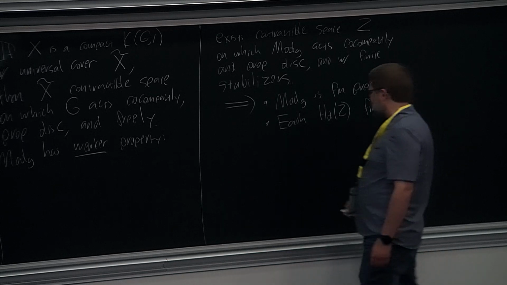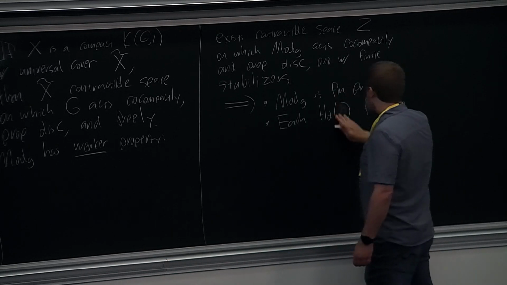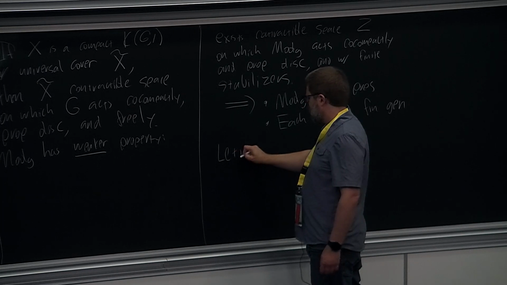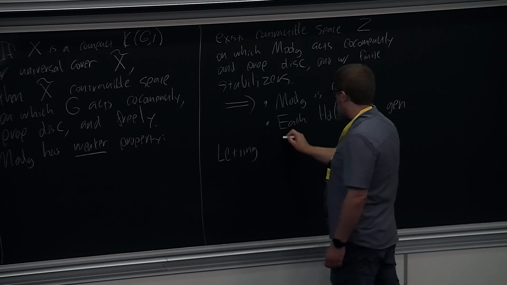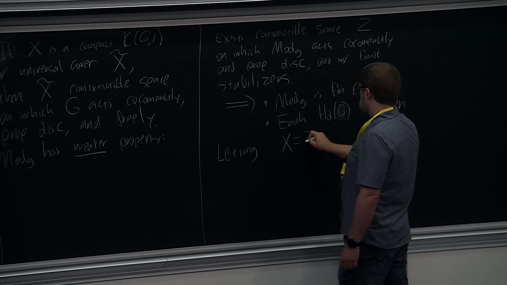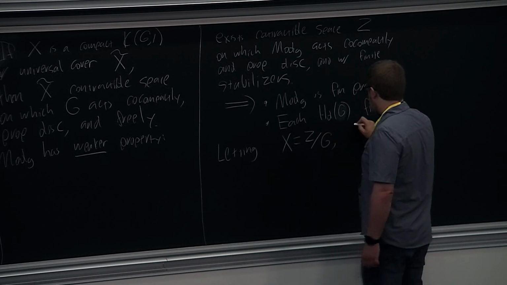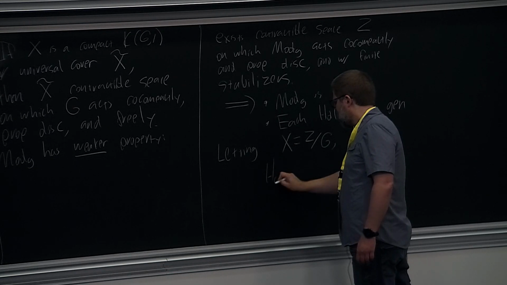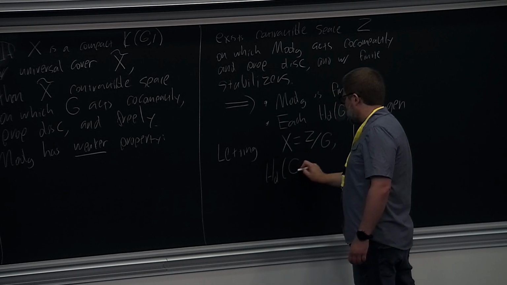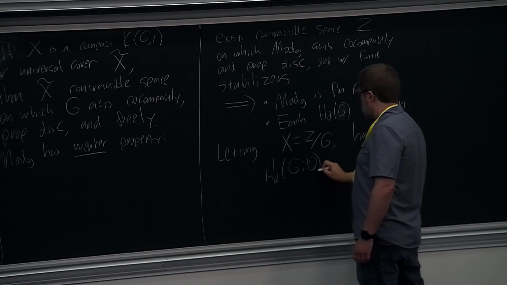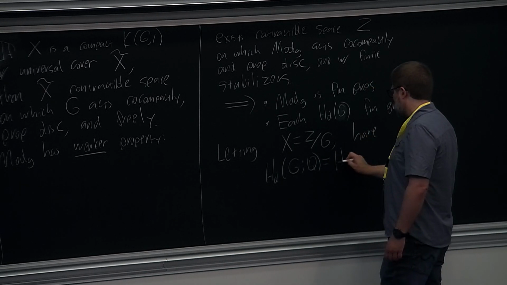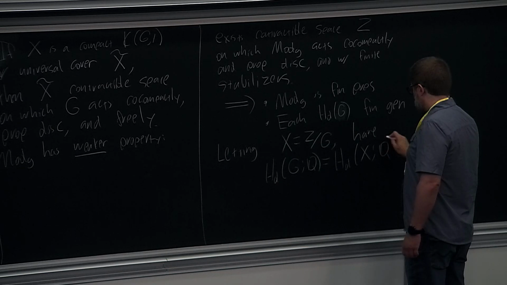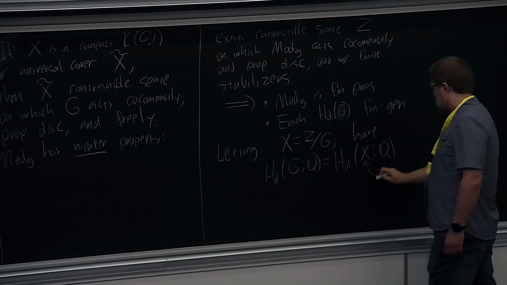Letting X equal Z mod G, we have that the rational homology of G is actually equal to the rational homology of X, and X here is a compact space.